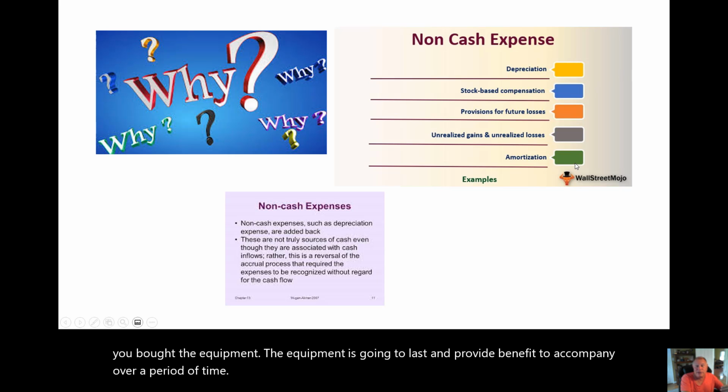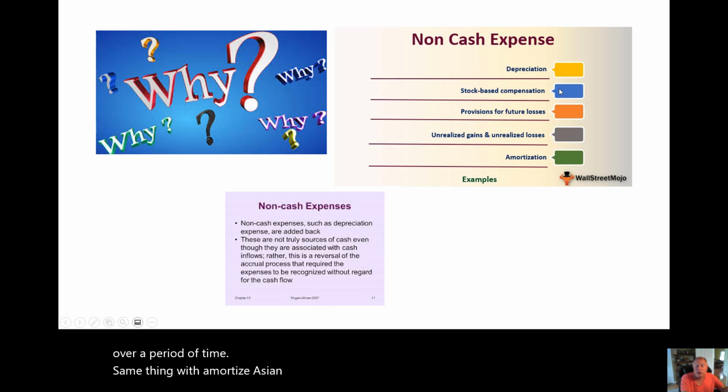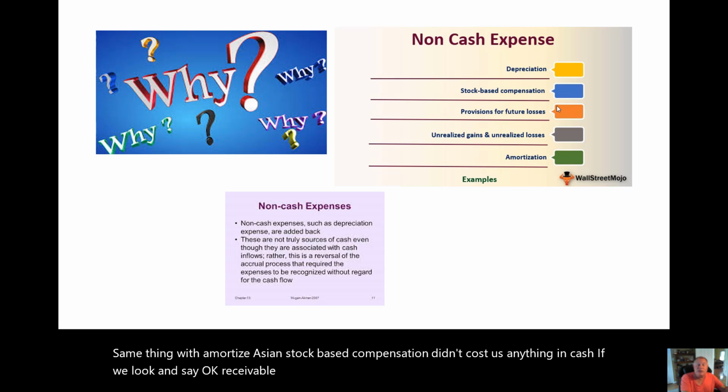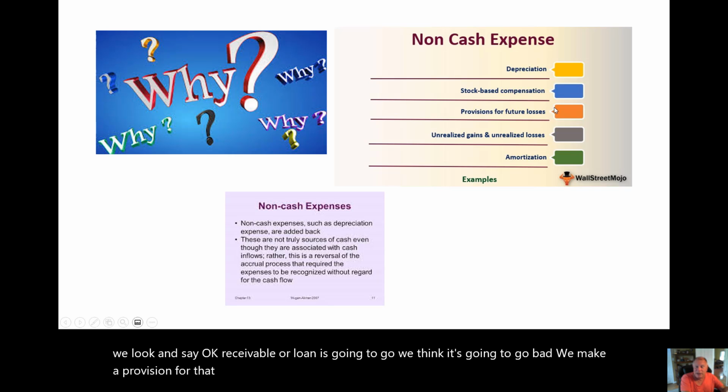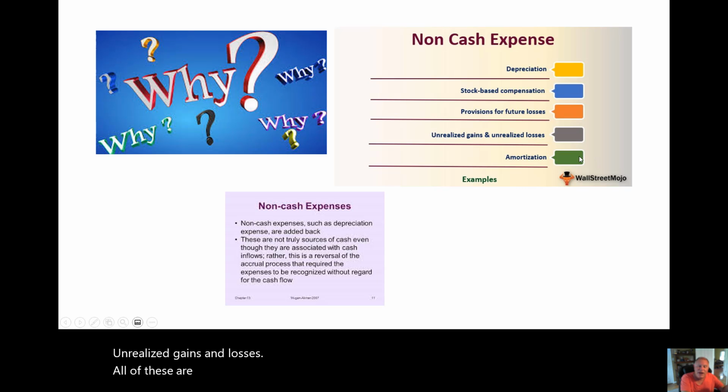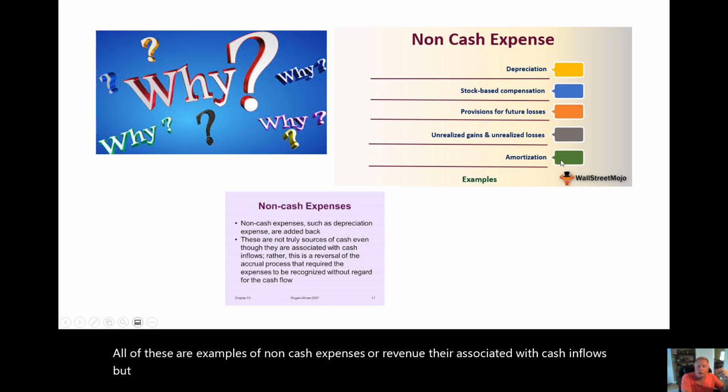Same thing with amortization. Stock-based compensation didn't cost us anything in cash. If we say a receivable or loan is going to go bad, we make a provision for that. That hasn't used the cash yet. Unrealized gains and losses. All of these are examples of non-cash expenses or revenue. They're associated with cash inflows, but a reversal is required when we actually pay the cash out.